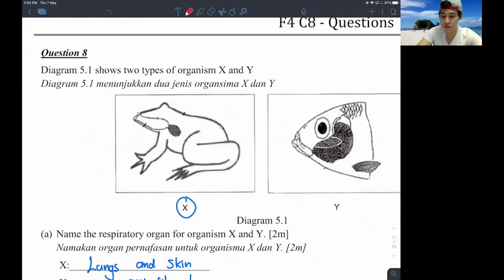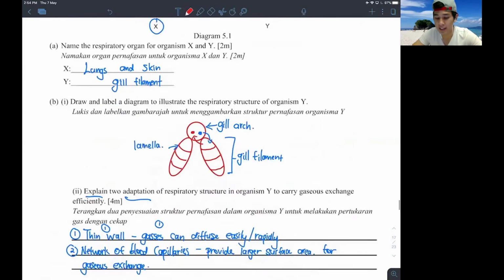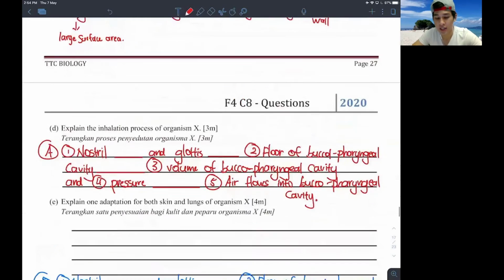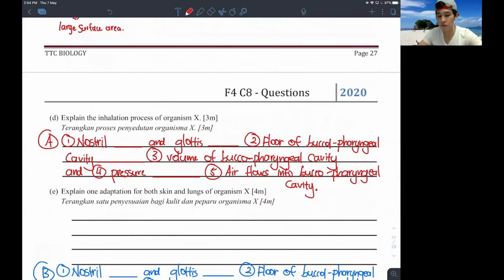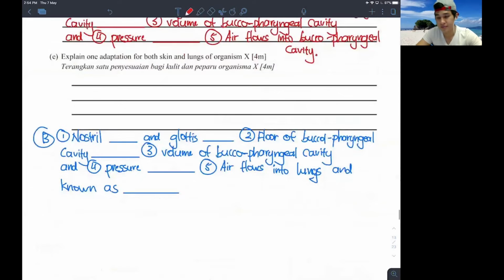One, from outside into their mouth first, which is called the buccal pharyngeal cavity, and from buccal pharyngeal cavity into the lungs. So there are two phases in their inhalation process. The answer that I give you I also break down very clearly into these two phases, A and B, which is outside into mouth and then mouth into lungs.